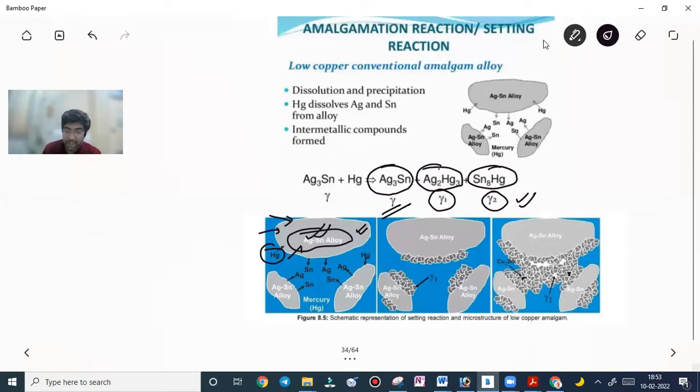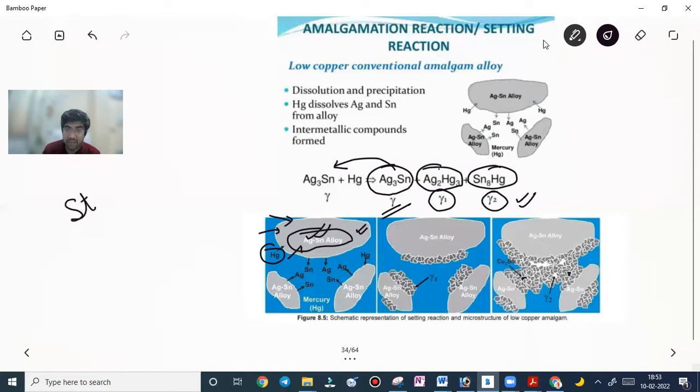The property of the hardened amalgam will depend upon the proportion of the reaction phases. If more unconsumed gamma phase is present, the stronger will be the amalgam. That is what you have to remember for your exam.